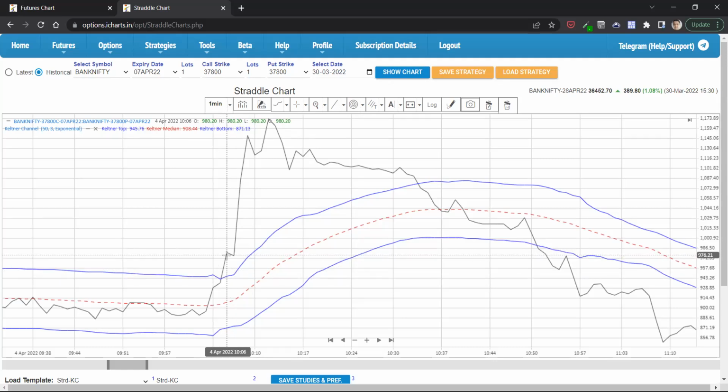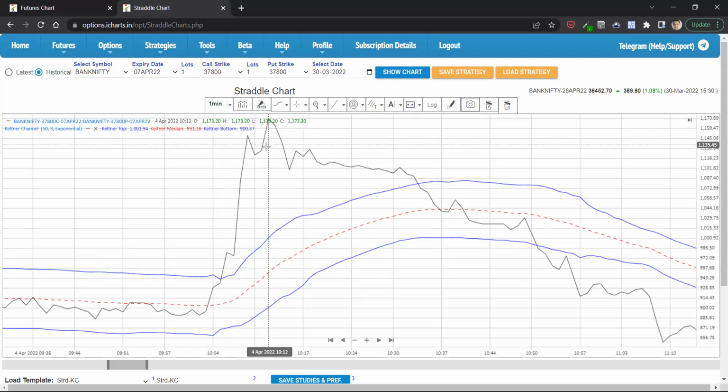On expiry days or Wednesdays, make it 20%, because the premium is low. But on Fridays, Mondays, Tuesdays, 10% is enough. So if it is shooting up, put a limit 10% above the call price and then buy, and then you can close based on whatever.